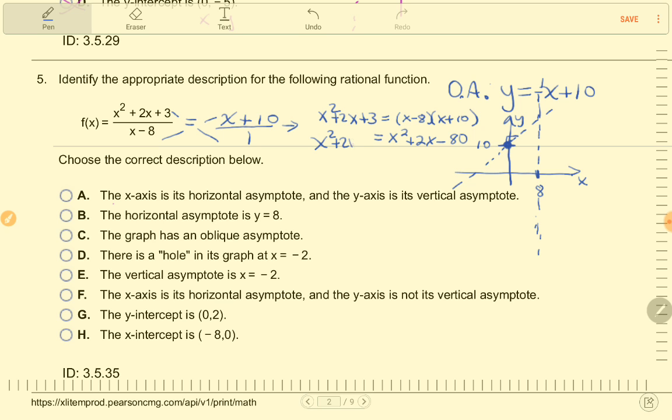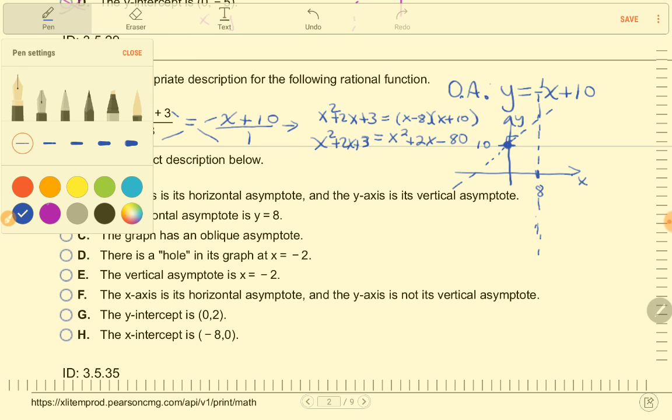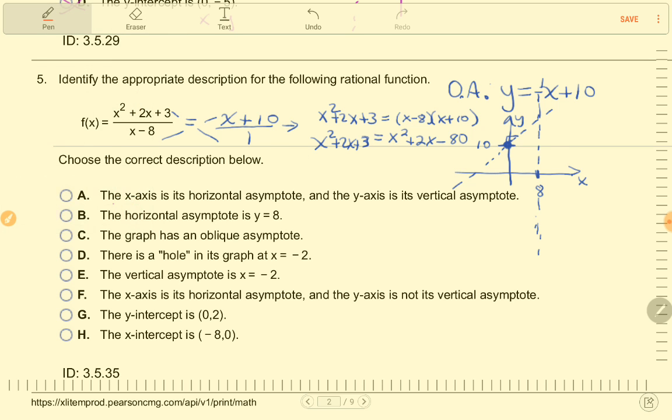So this is what I have on each side. Now, anything that is the same on each side can be canceled out. So x squared is going to zero out the x squared over here. Positive 2x and positive 2x. So we end up with a statement 3 equals negative 80, which is untrue. There's no way this will ever be true. So that means that the function does not intersect its oblique asymptote.